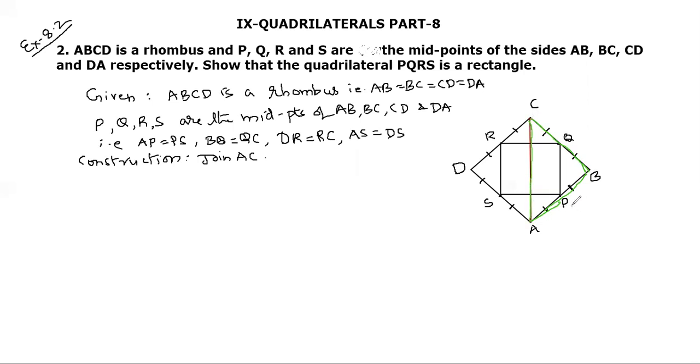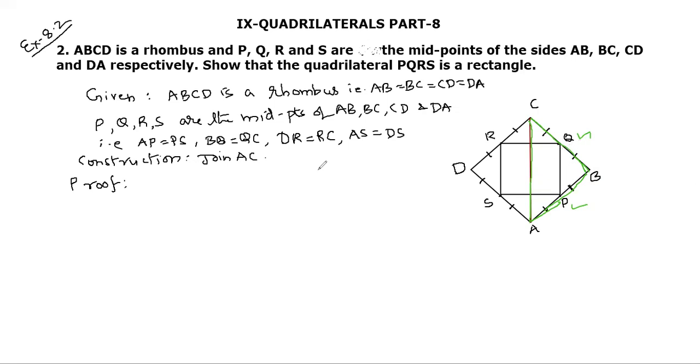In this triangle, P and Q are the midpoints. So the line joining the midpoints of two sides of a triangle is parallel to the third side and equal to half of it, by the midpoint theorem. Actually, we are proving one side: if we prove PQ parallel and equal to RS, then it will be a parallelogram. Once it is a parallelogram, we have to show one angle is 90 degrees, and it will become a rectangle.